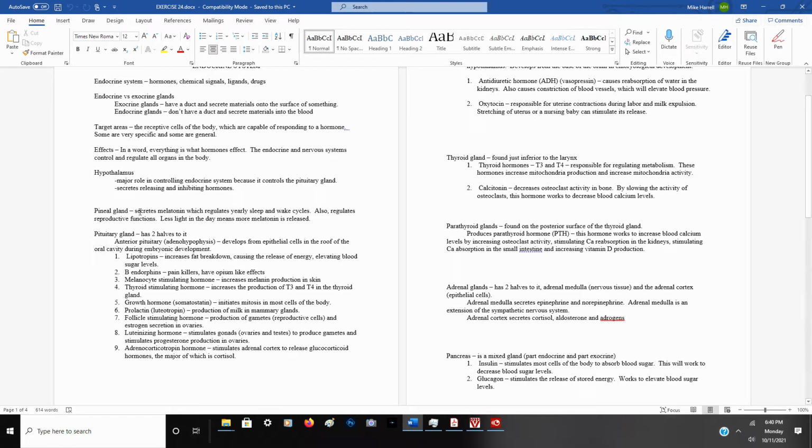Now they believe that this pineal gland is somehow tied to your eyes and it's monitoring something called photoperiod. Photoperiod is a fancy way of saying how many daylight hours are in a day, how long the days are.